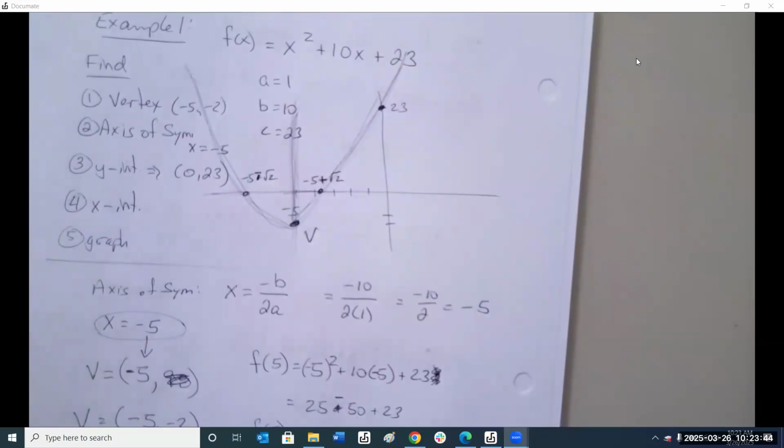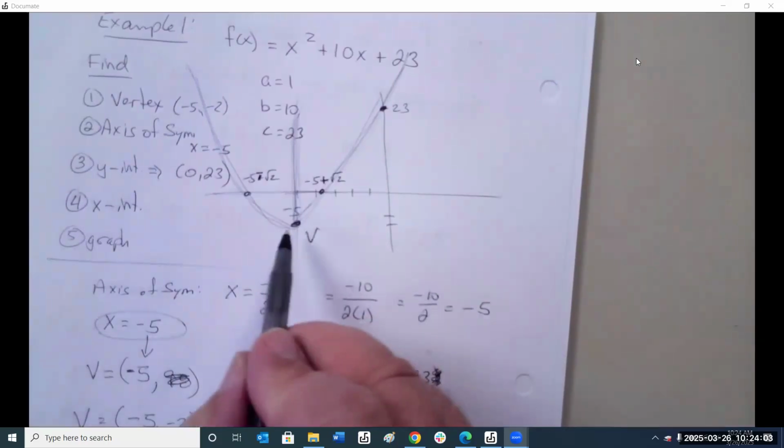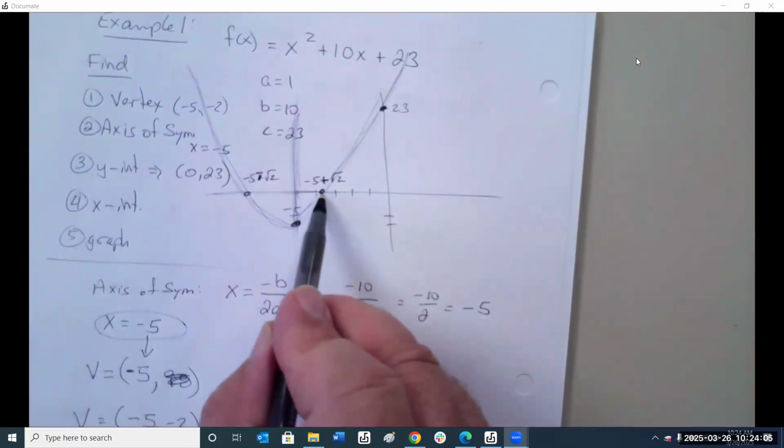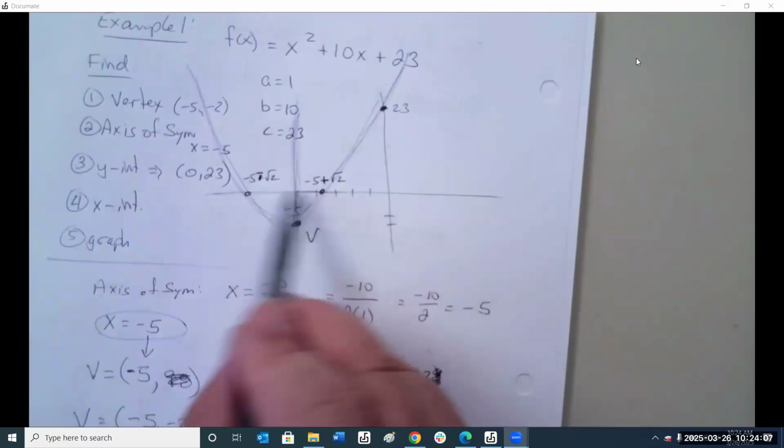Can we find another point of our graph? Yes, without doing any math. We have a vertex here, and we have a point here, it's matched there, right?